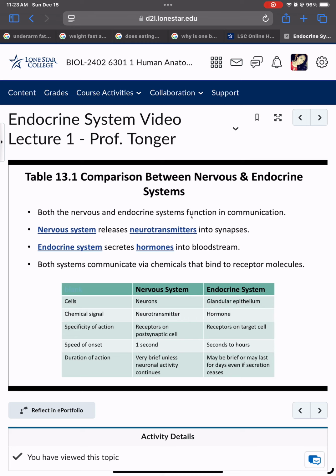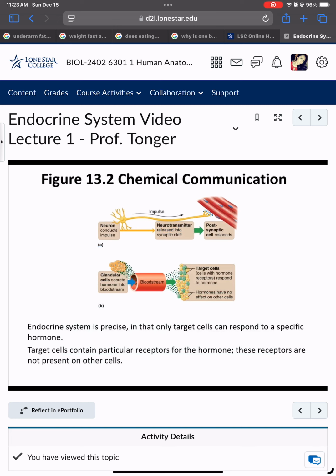So, understanding this difference between how a nervous system works and how an endocrine system works makes us understand these two systems deeply. Through this picture, you can clearly see that the way these two systems work is via chemical communication. If you remember, you have learned the neuron structure.